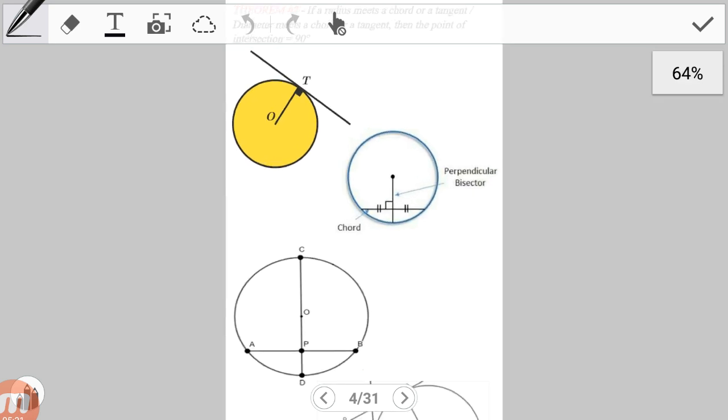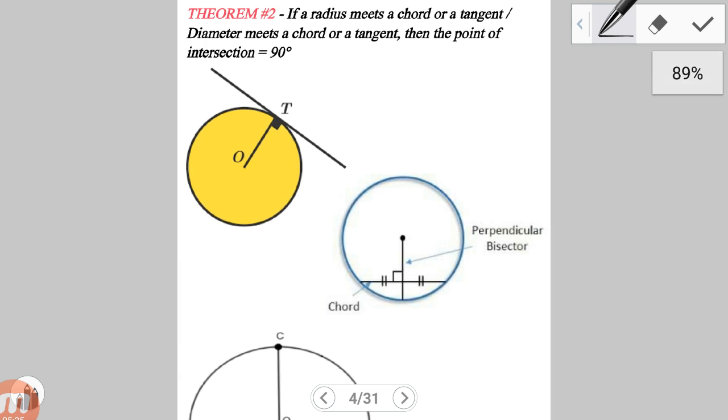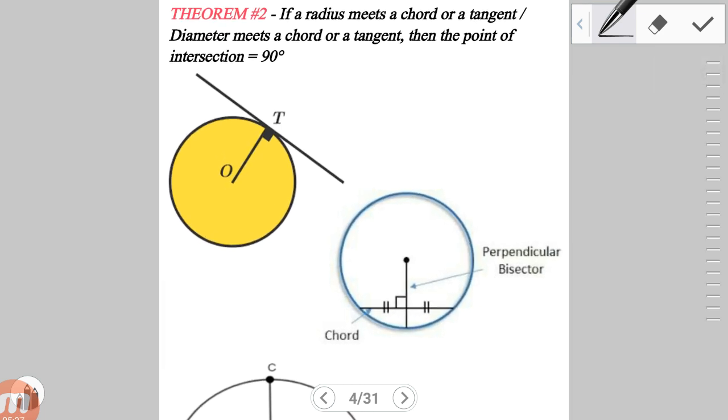All right, now we're going to look at theorem number 2. Theorem number 2 talks about the intersection or the point of contact between the radius and the chord, the radius and the diameter, or the tangent and the chord, or the tangent and the radius.